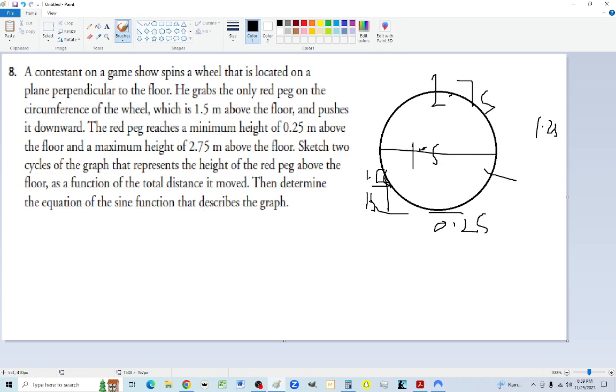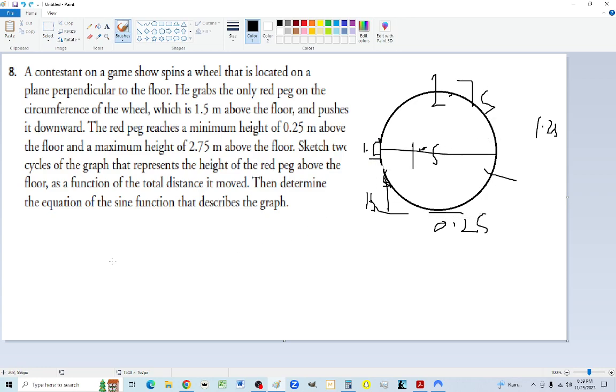Sketch out 2 cycles of the graph that represents the height of the red peg above the floor as a function of the total distance it moved, and then determine the equation of the sine function that describes the graph. It just so happens that the red peg is at the middle, 1.5, because we've discovered the axis is 1.5. He's pulling downwards, so it's going to go down and then up.